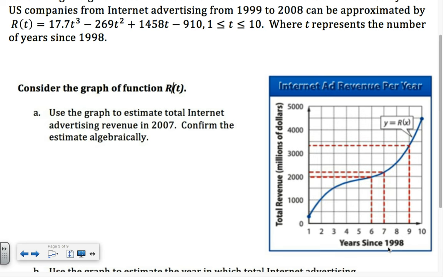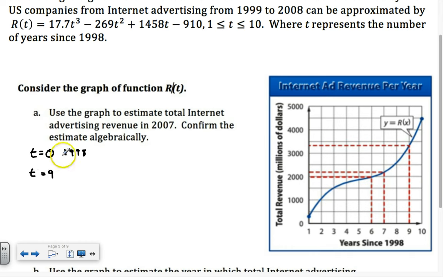So t equals 0 is going to be the year 1998, my starting year. How many years has it been since 1998 in the year 2007? The answer is 9 years.